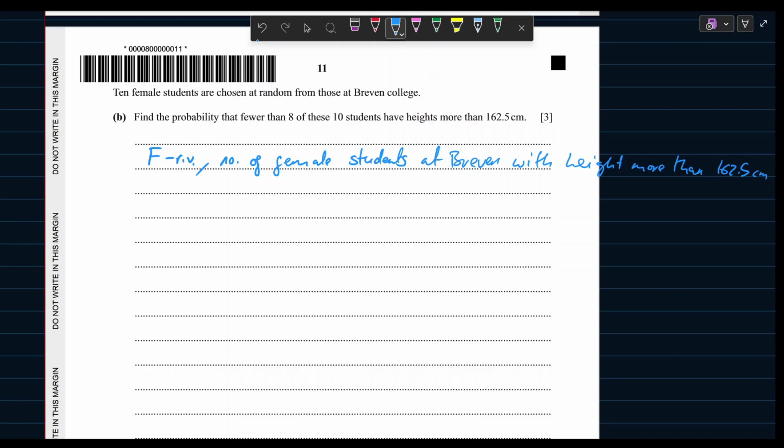As soon as you see that a sample is chosen at random, chances are you're moving to a binomial distribution. So in this case, F follows a binomial distribution, and 10 is our sample size. And the probability of success is going to be the probability that they have a height more than 162.5.